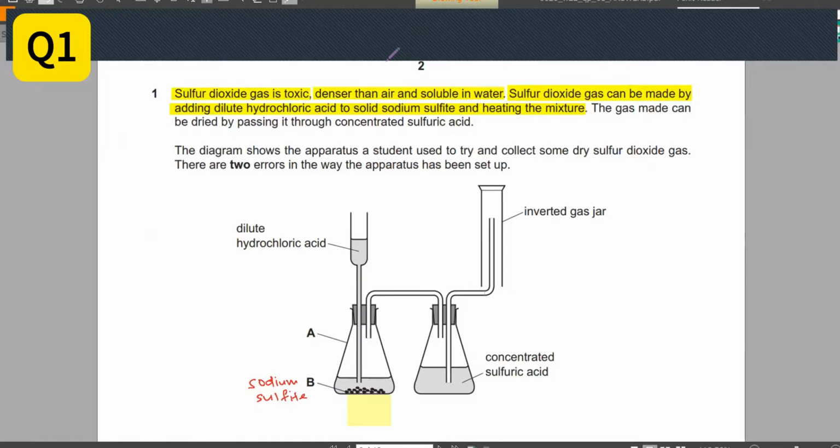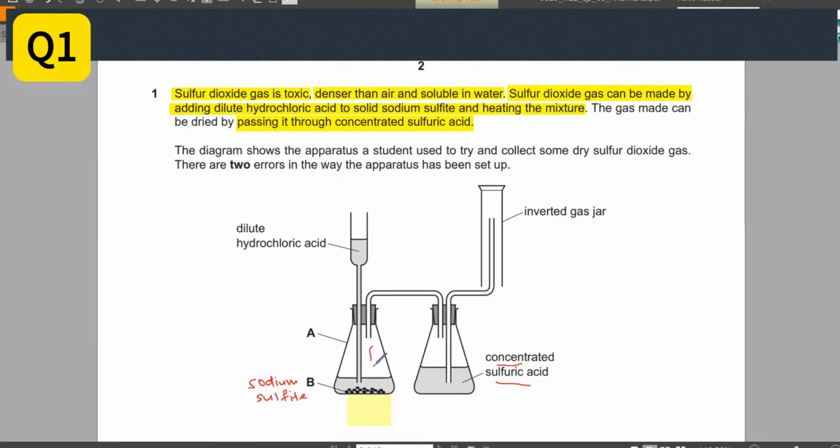The gas made can be dried by passing through concentrated sulfuric acid. So we have the concentrated sulfuric acid here.